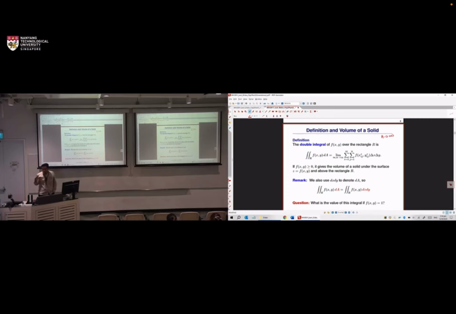It is equal to the previous formula, but with m and n approaching infinity. If f is greater than or equal to 0, it gives the volume of the solid under the surface z equal to f(x, y) and above the rectangle R. We also use dx dy to denote dA. Usually we write it this way or this way.